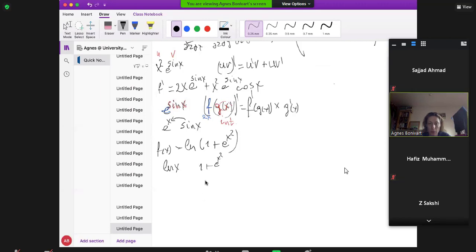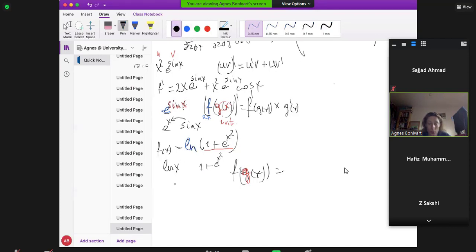Which one is the internal function? It is 1 plus e to the power x squared. Yes, exactly. This is the internal function because this is what we would calculate first, and then we would apply the logarithm. So ln is the external function.